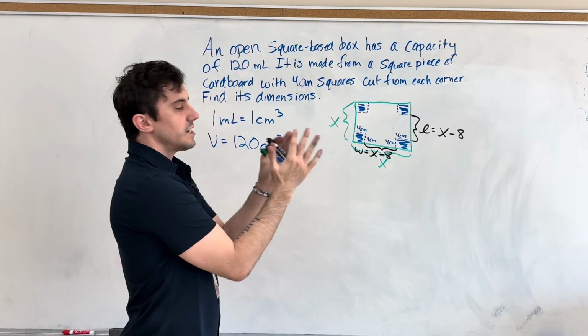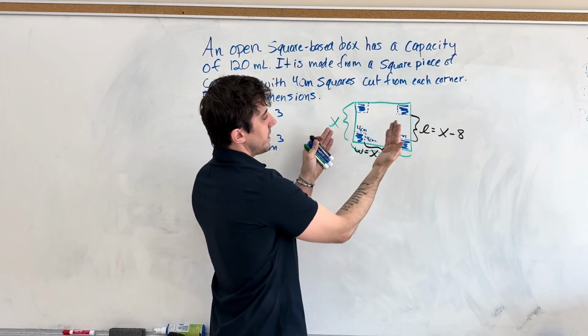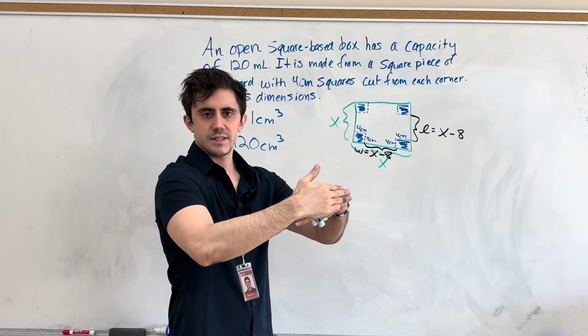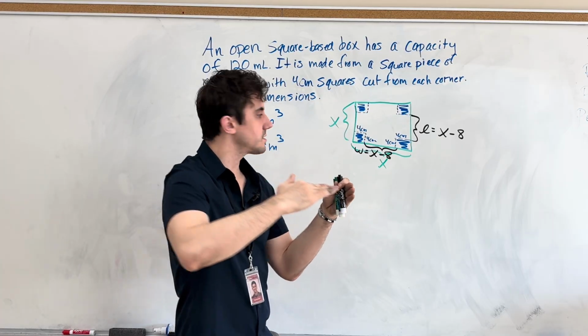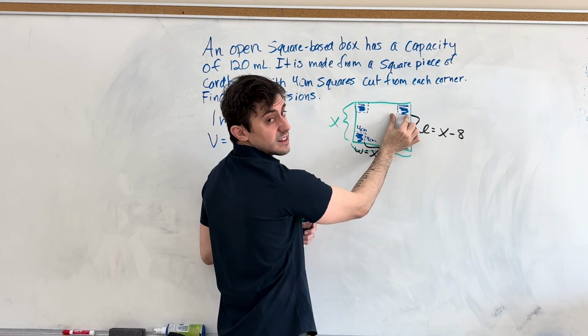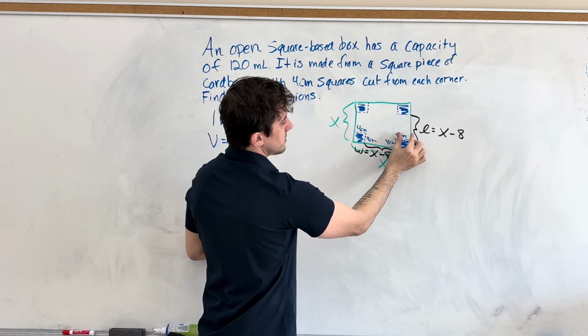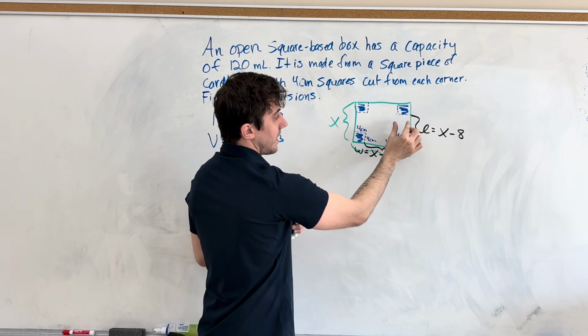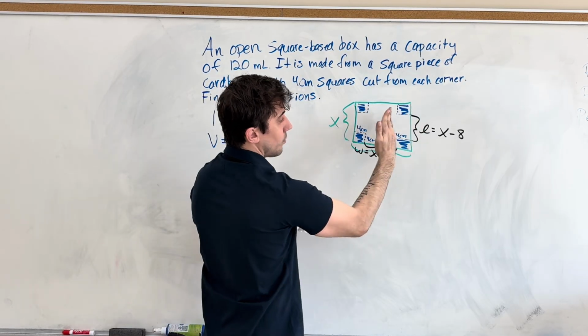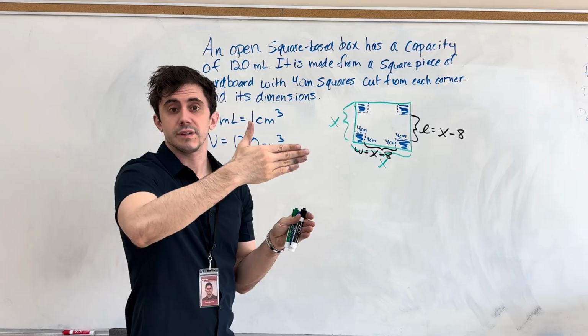So when we think of our box that will be made from folding up, again, these 4 strips, folding up the sides to make the vertical component of the box, that vertical component is going to be exactly 4 centimeters in height, right? This piece of the box, that's what's being folded up. And so 4 centimeters are being folded up into a vertical component for the box.